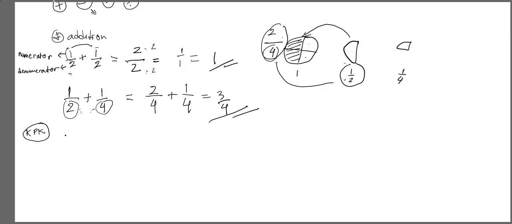So for 2 and 4, the KPK is 4, because 4 can be divided by 2 and 4 can also be divided by 4. So this is the least number that can be divided by those two.